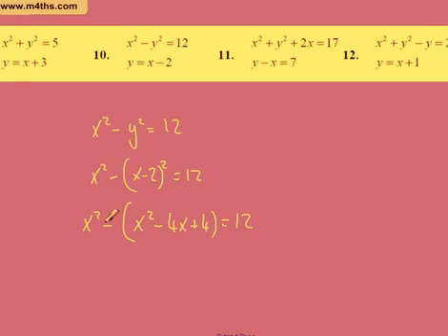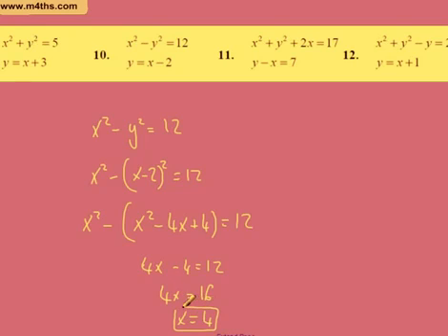So, sorting this one out, x squared minus x squared is 0, the two negatives make a positive, 4x minus 4 is equal to 12. 4x is equal to 16. And x is going to equal 4.